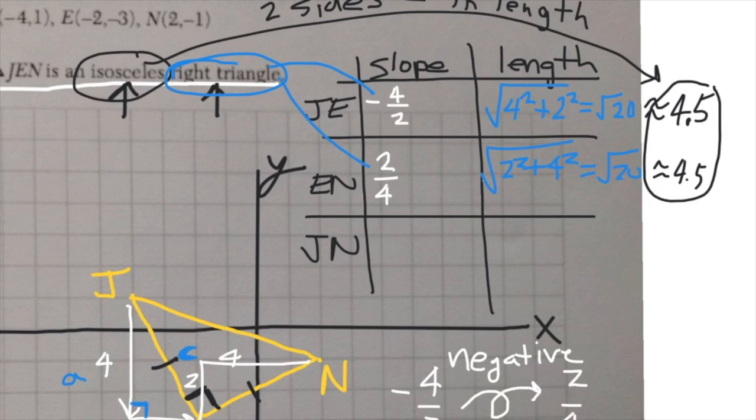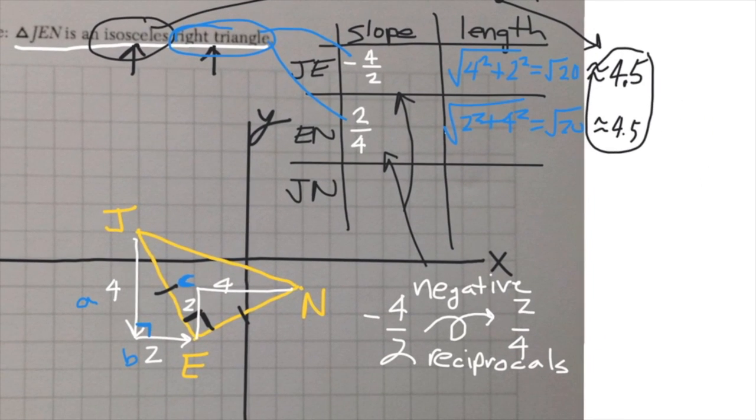So you would point those out. You can say that there's negative reciprocal slopes, and then maybe state a conclusion about that.